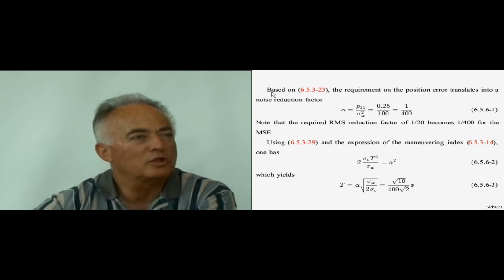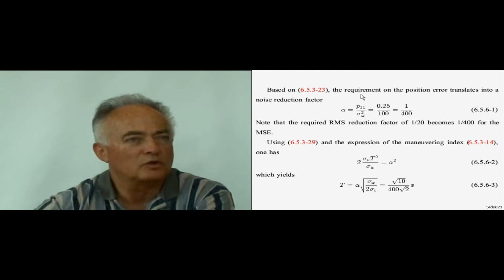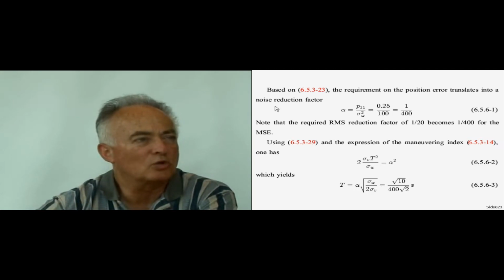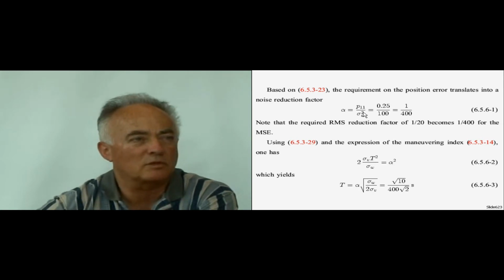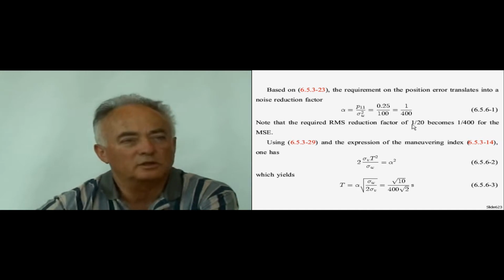Okay, the original requirement for the position error translates into a noise reduction factor, P11 over sigma w squared. This is the noise reduction factor. Can we achieve this? It's really 1 over 400. The RMS 1 over 20 really becomes 1 over 400 in the variances.